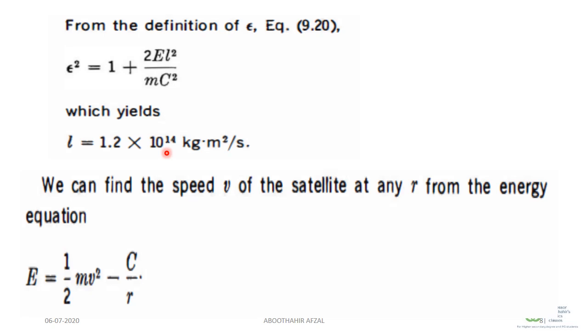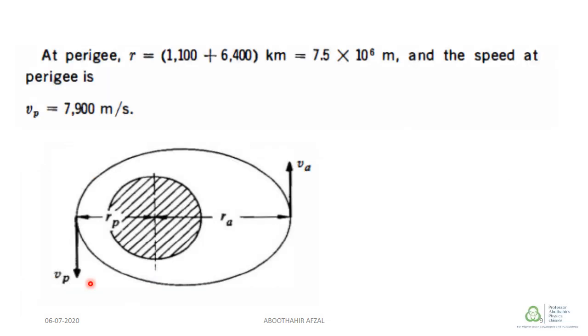And we can find the speed of the satellite at any point, at any r, from the energy equation. The energy is half mv square minus C by r. So we can find the value of the speed of the satellite. From this equation, you know the value of energy, and now you can find the value of v.